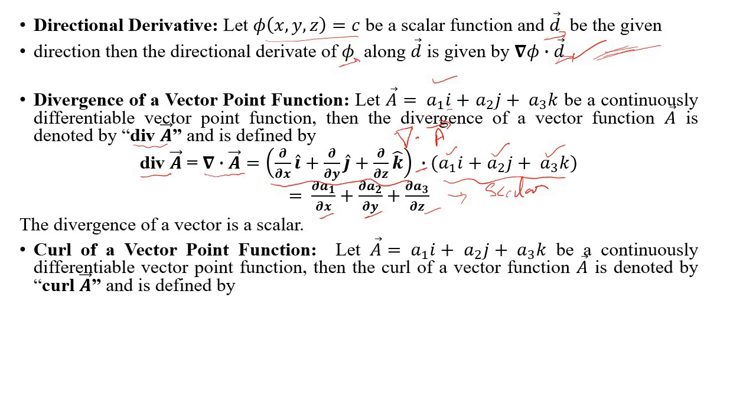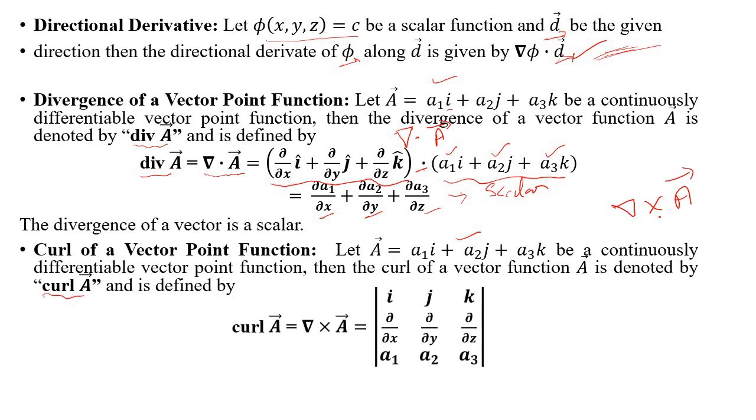This is similar to the divergence. I will consider a vector A, a continuously differentiable vector point function. Then the curl of vector A is denoted by curl A or del cross vector A. And it is defined by the cross product. We are going to use the determinant concept.